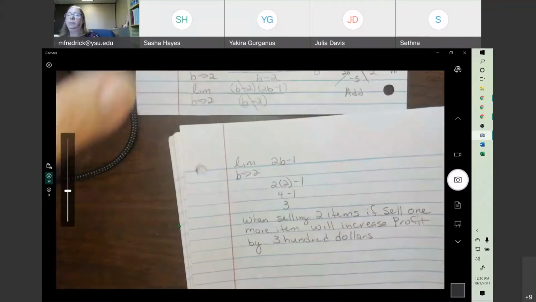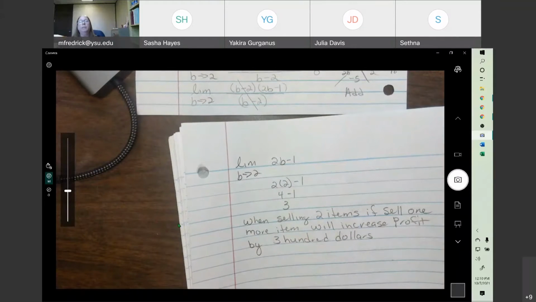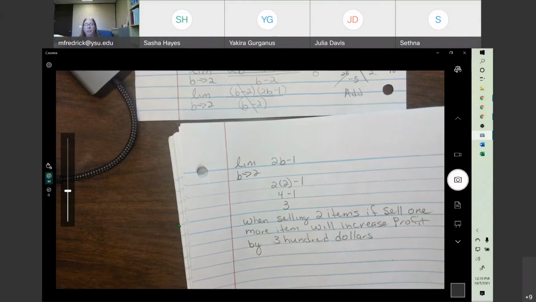So it's telling you if you're selling 2 already, if you sell one more, how much you're going to make. So instantaneous change is telling you right at that instant. And it's a good thing they use this.